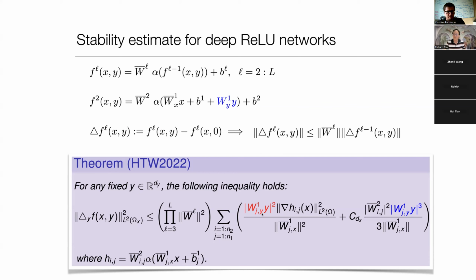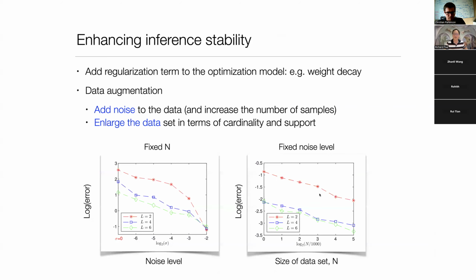And then we also learn from our least square problem that after we add noise, suppose we can generate a sufficient number of training data points, then we can control the stability, basically the size of this guy, W1Y. So why don't we try to make some study of that? Or you can also say that let's try a more conventional approach by adding some regularization to your loss function, to your training model.